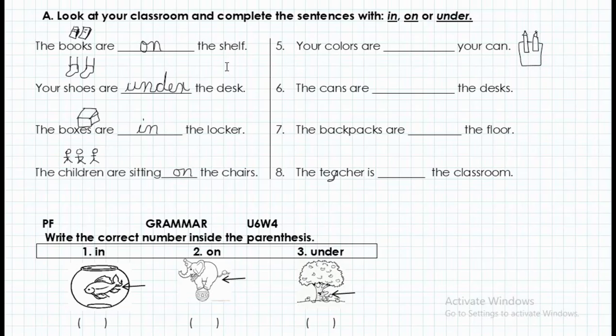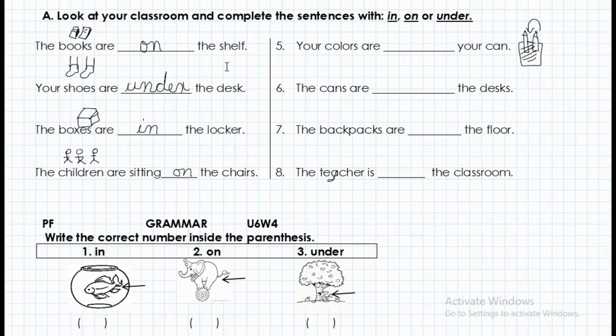The place where we keep our pencil colors. Okay, wait a second. Let me try to correct my drawing there. But I cannot take my eraser. I don't know why. Okay, let's continue. It doesn't matter. Okay, that is the idea. The idea is that the pencil colors are in the can.